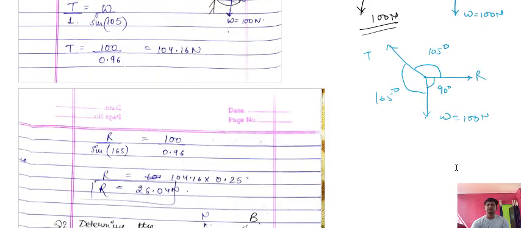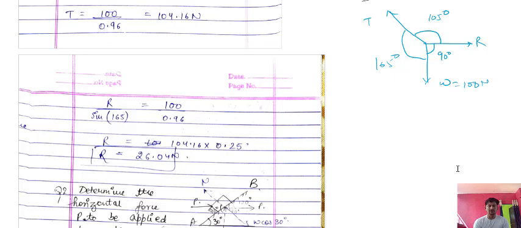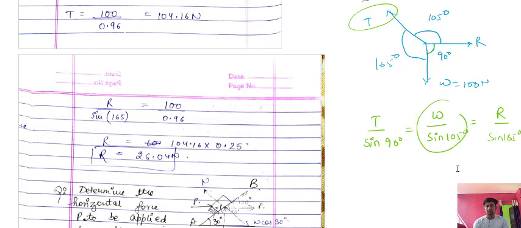For calculating the other forces you can apply Lamy's theorem. Lamy's theorem states that each force will be proportional to the sine of the opposite angle. So the opposite angle is 90 degrees, so T upon sine 90 will be equal to W upon sine 105 degrees, and then R upon sine 165. Now we can derive these terms, so you can calculate the tension also.